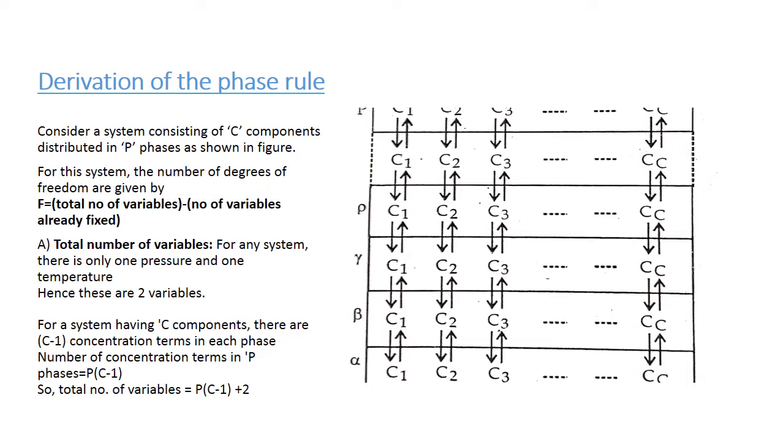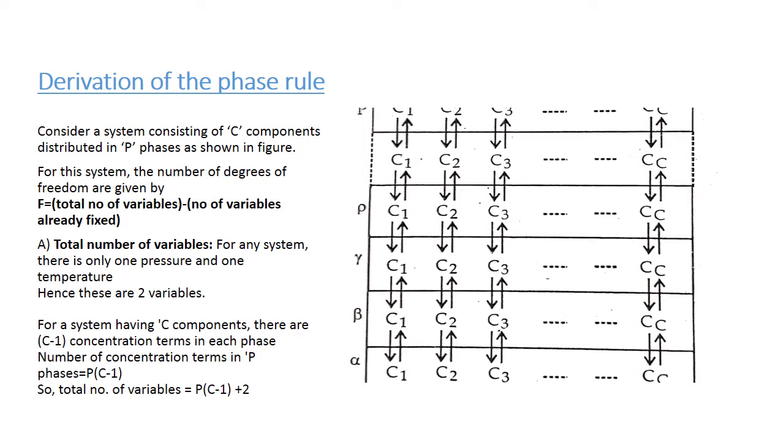So first we will calculate the total number of variables. For any system there is only one pressure and one temperature, hence these are two variables. Now for a system having C components, there are C minus 1 concentration terms in each phase.